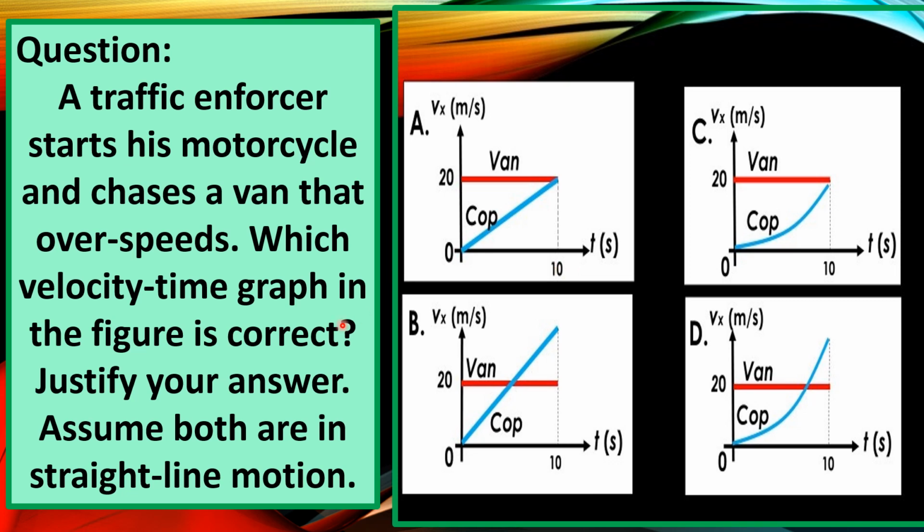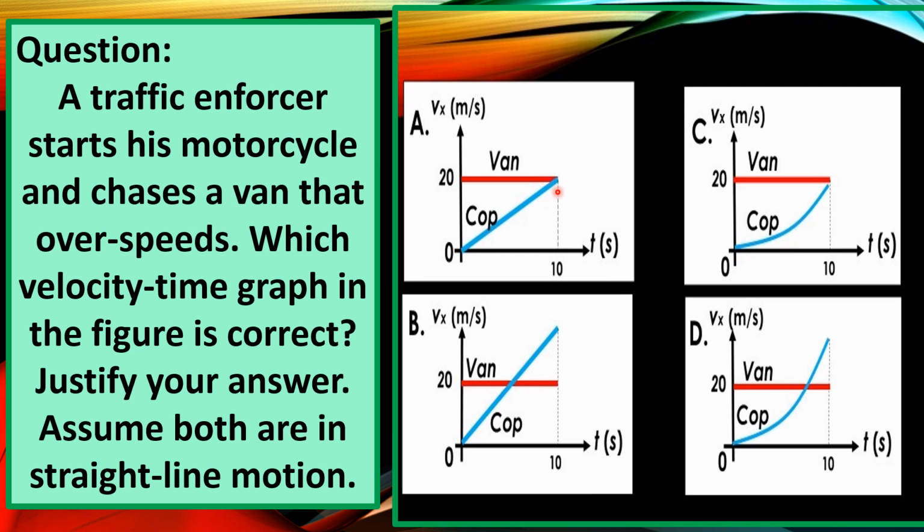So, in this type of graph, velocity versus time graph, we are able to get some bits of information with regard to the motion of the two bodies. For example, referring to the VT graph in option A, such information like what the velocity of the body is at a given time.